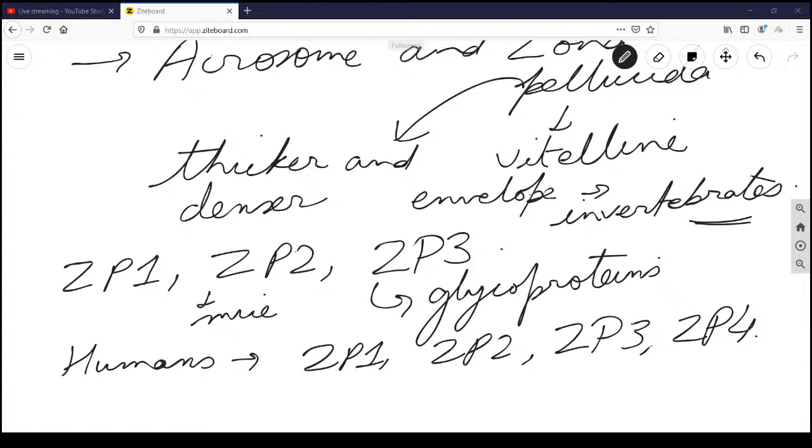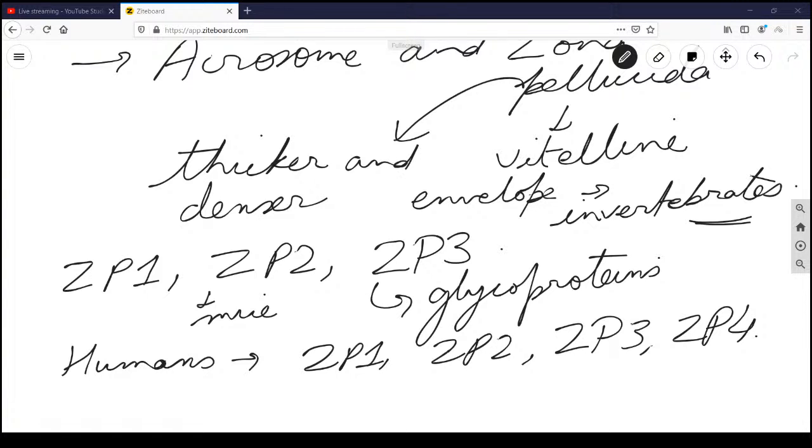So it was found that ZP2 is the major determinant for binding with the sperm receptors. ZP3 is also a great candidate but not greater than ZP2. So ZP2 is the best candidate. In humans, there is evidence that the reaction can be induced by various zona pellucida proteins.